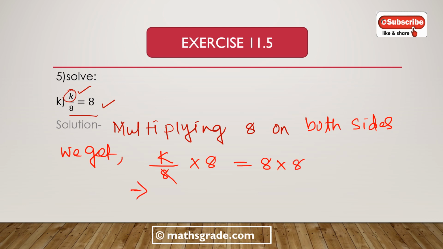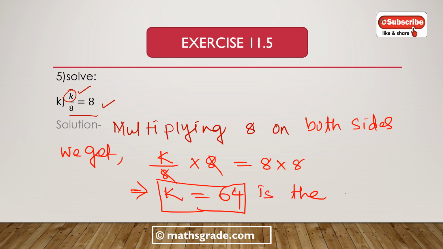Now 8 and 8 will be cancelled. So k equal to 8 multiplied by 8 is 64. And k equal to 64 is the solution of the given equation. So the value of the variable k is 64. K equal to 64 is the solution of k divided by 8 equal to 8.